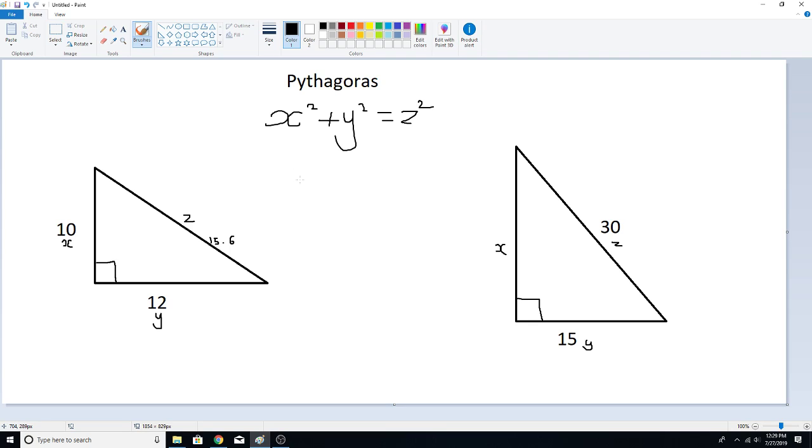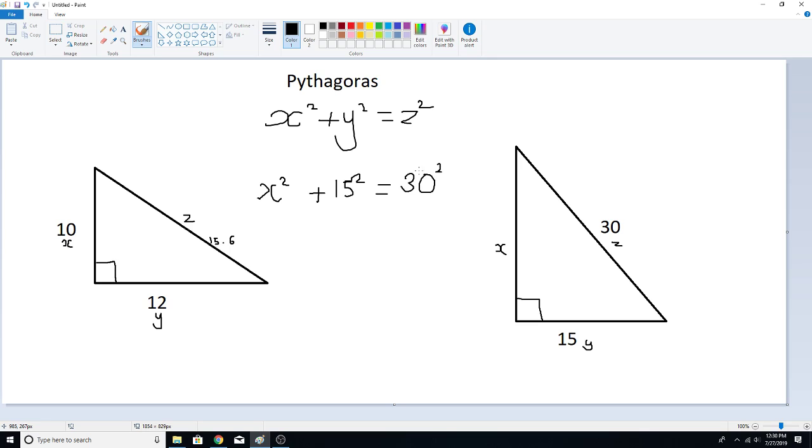So if we stick in the numbers, I want to keep it within this format: x squared plus 15 squared equals 30 squared. Cool.